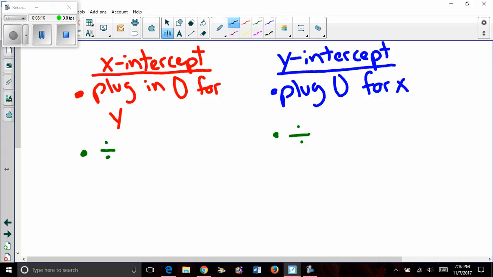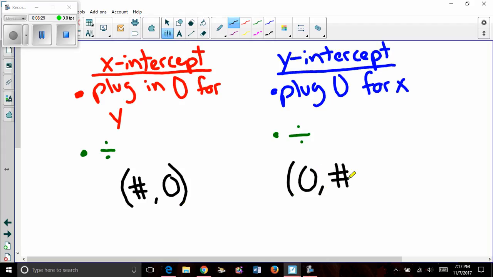You will then have coordinates where you will have some number, comma, 0 for our x, and then 0, comma, some number for y. These are two separate points, not one point altogether.